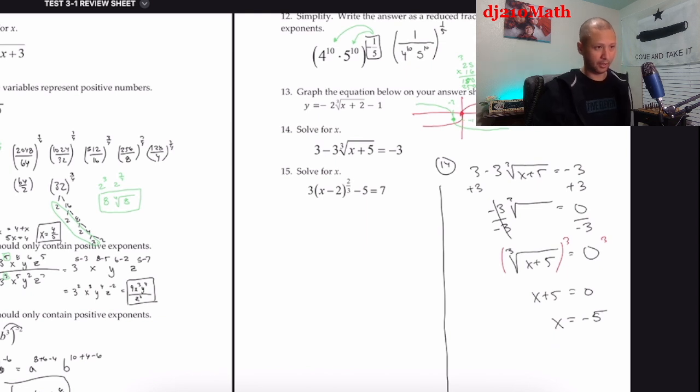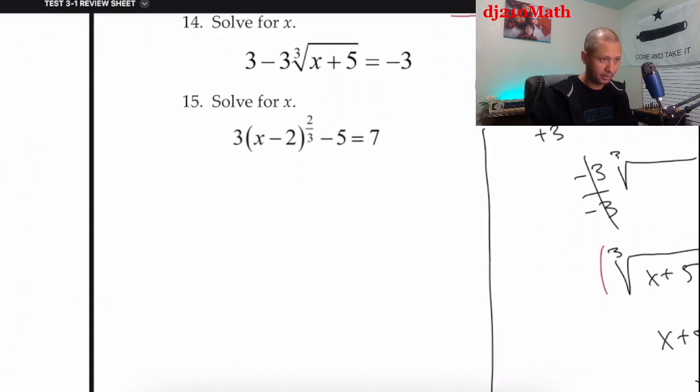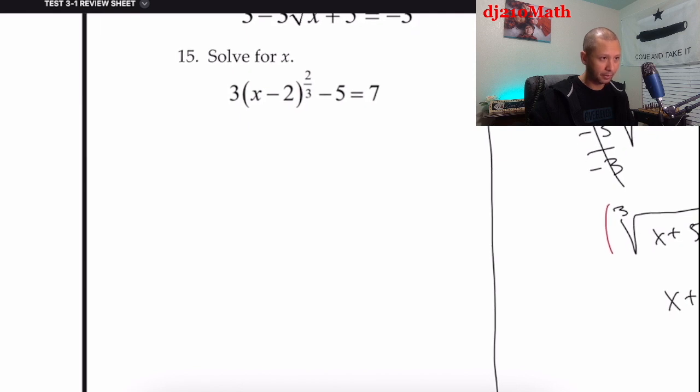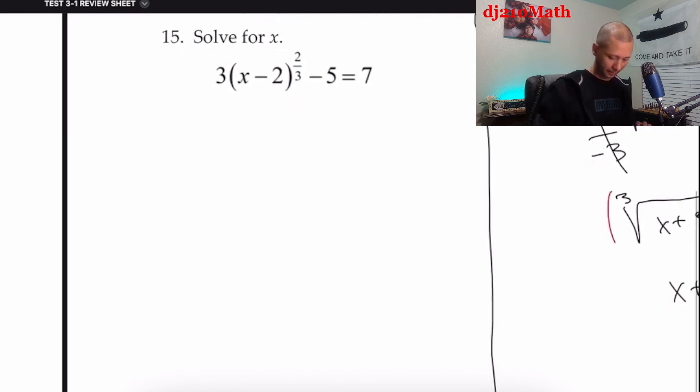Number 15. All right, the last problem. Okay, so again, same idea. Move everything to one side and get the exponent all by itself. So this is going to be plus 5.